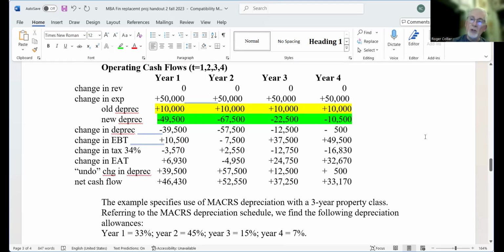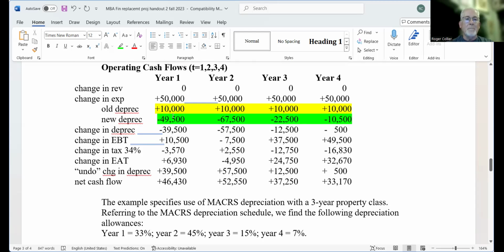Right? We bring in the new machine. That's an increase in depreciation, an increase in an expense. So we subtract it. All right. Put those two things together to find the change in depreciation.